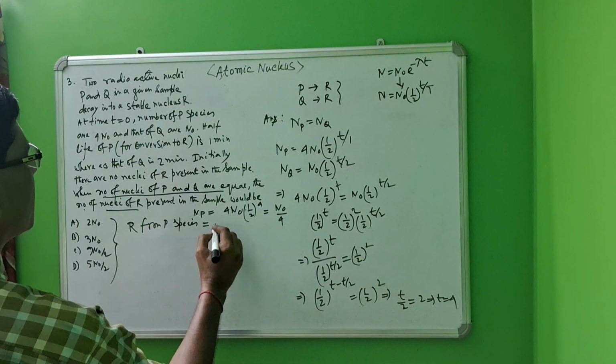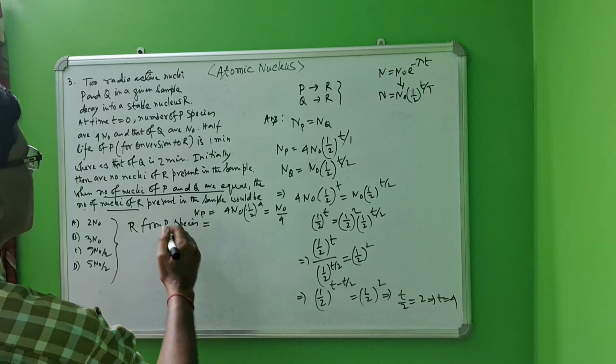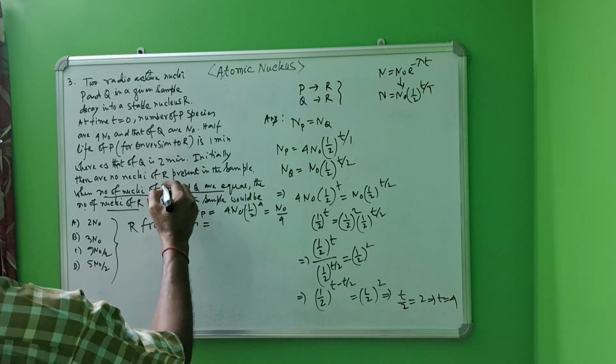So at first, total number of P species equals 4N0.